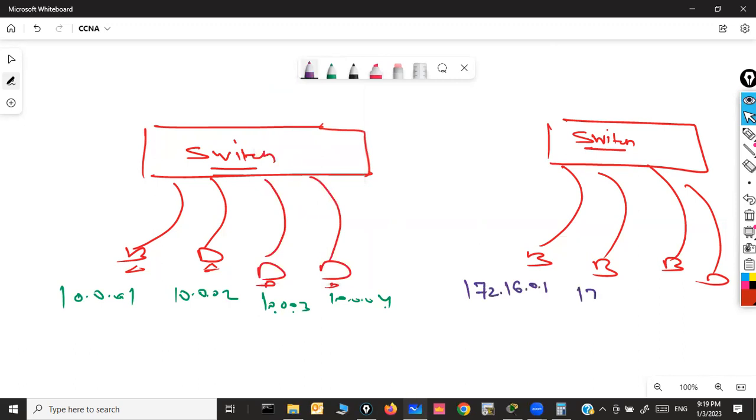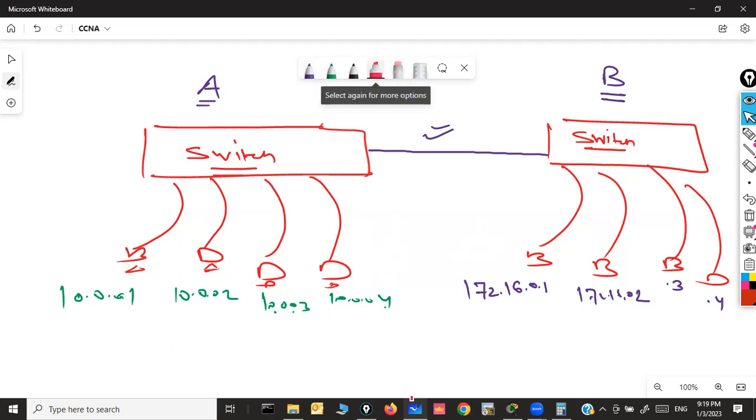Here, let's say 172.16.0.1, 172.16.0.2, 172.16.0.3, and 4. And let us assume that somehow, with the help of a service provider, we have managed to connect both switches of locations A and B with optical fiber cable or any cable. I'm not talking about a router, so there's still no communication.